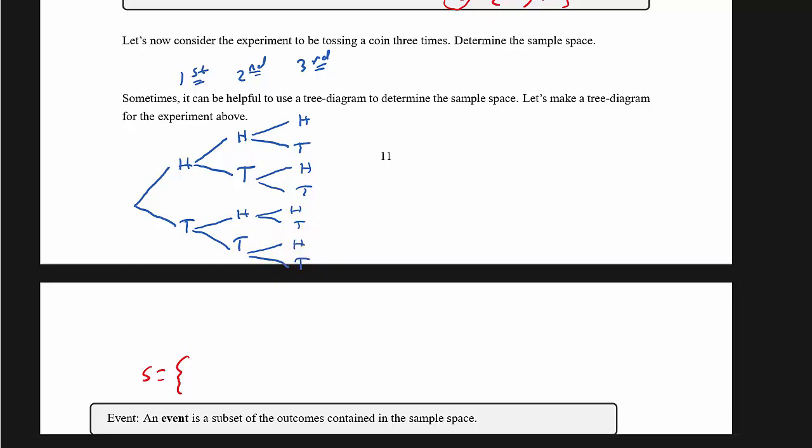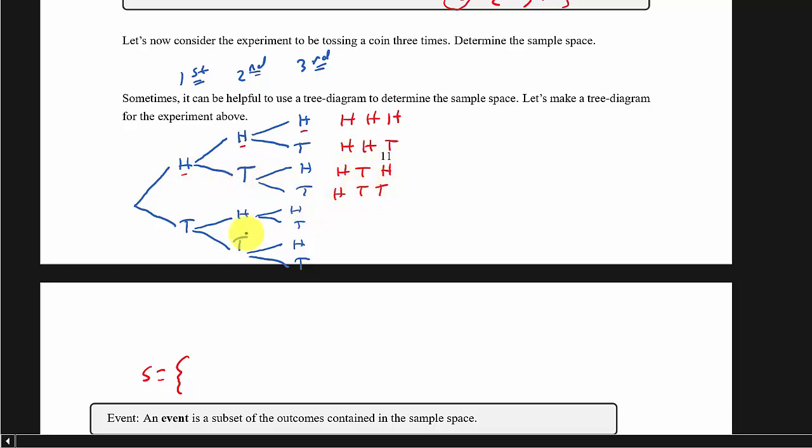And so what we have here gives you all the possible outcomes. See, I could get heads, heads, heads. I could get heads, heads, tails. Heads, tails, heads. Heads, tails, tails. And then the rest of them: tails, heads, heads; tails, heads, tails; tails, tails, heads; and tails, tails, tails.